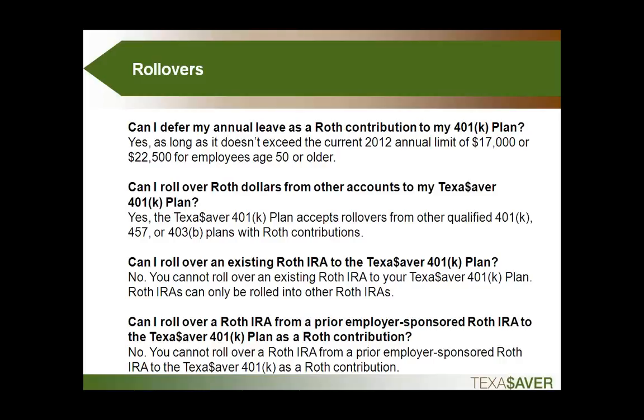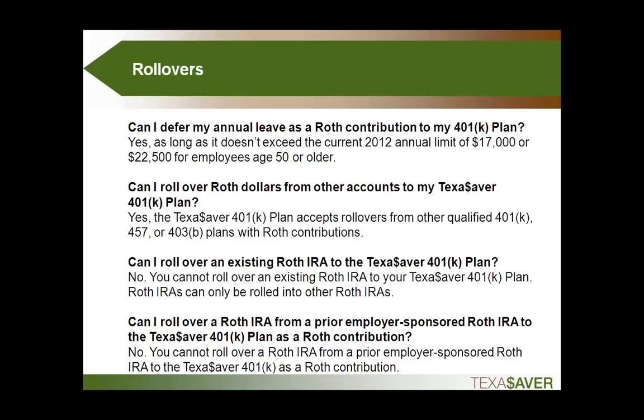You could also roll over dollars from other qualified Roth accounts. This would include 401k, 457, or 403b plans. Now you may ask, what about a Roth IRA that I started? No, you can't roll over an existing Roth IRA to your Texas Saver plan. Roth IRAs can only be rolled into other Roth IRAs.